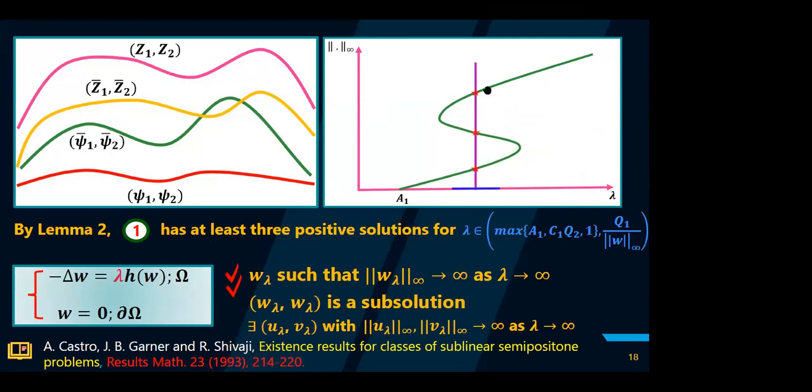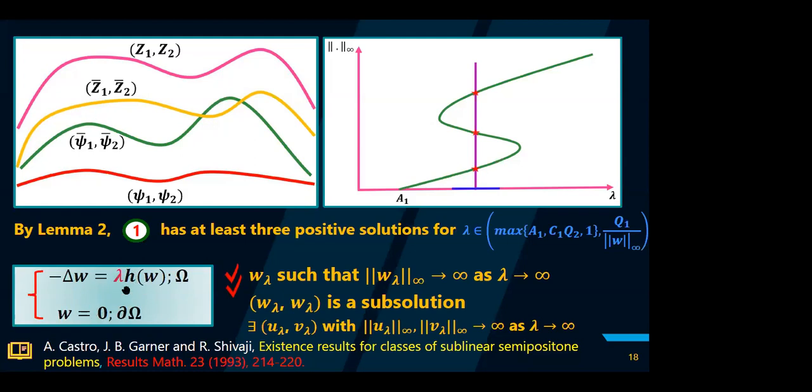And to show that we have a solution u lambda such that the sup norm of that solution goes to infinity as lambda goes to infinity, I'm going to look at this particular boundary value problem. Here we take this h to be such that h of 0 is 0, h is less than or equal to both f and g, and the limit of h is positive as s goes to infinity.